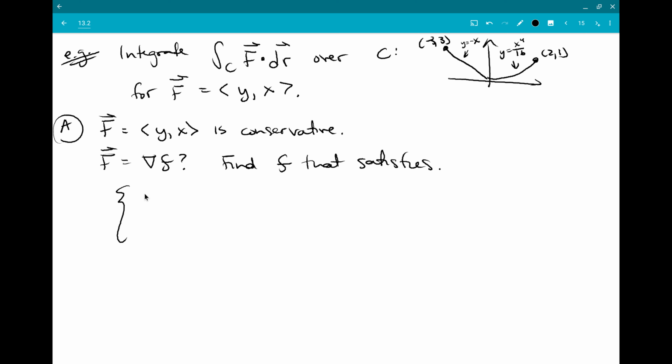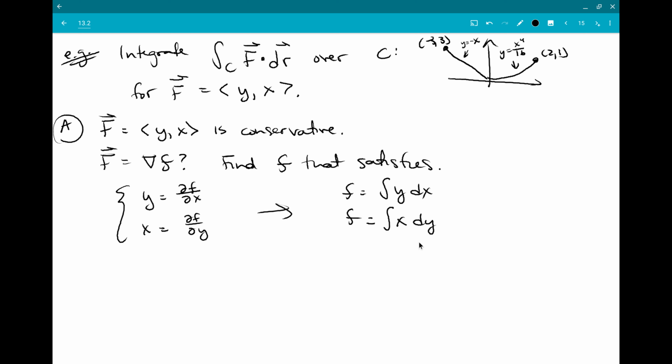So that means I have the system of equations, y equals df/dx, x equals df/dy, which gives me the two integration problems, f the integral of y dx and f the integral of x dy. This is the way we talked about setting up problems where you need to find the potential function.